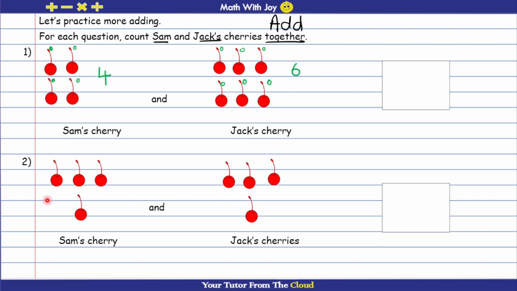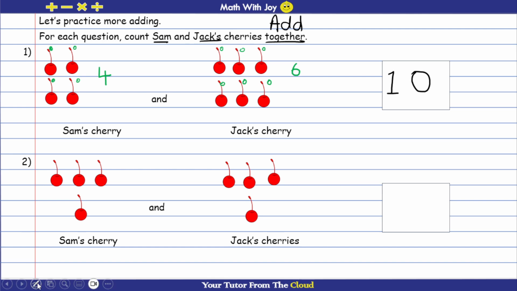But to get that answer, I just have to count all these cherries together. So let's do that. 1, 2, 3, 4, 5, 6, 7, 8, 9, 10. So when I count all these cherries together, they give me a value of 10. So now you know adding 4 and 6 is going to give us 10.